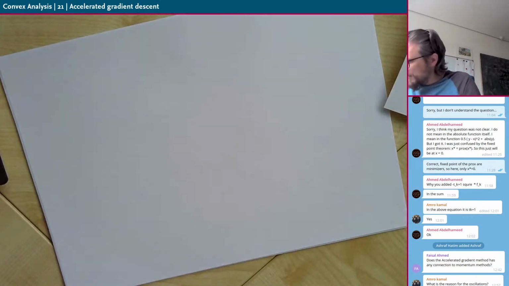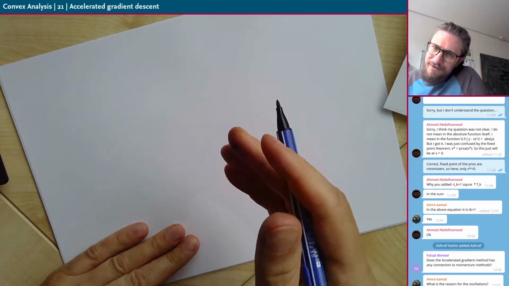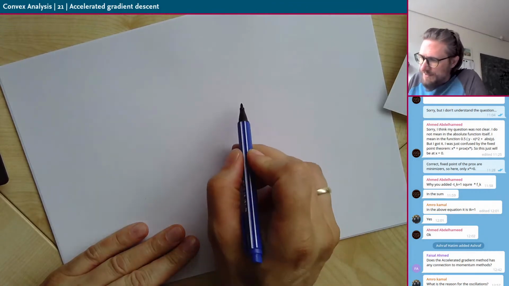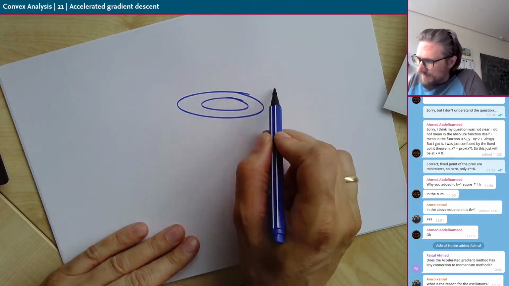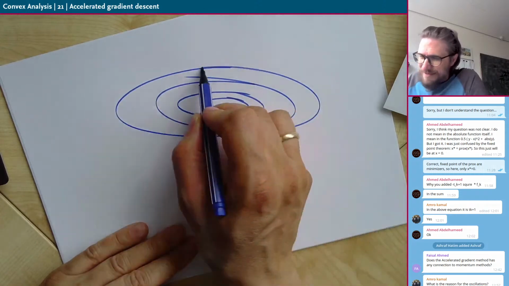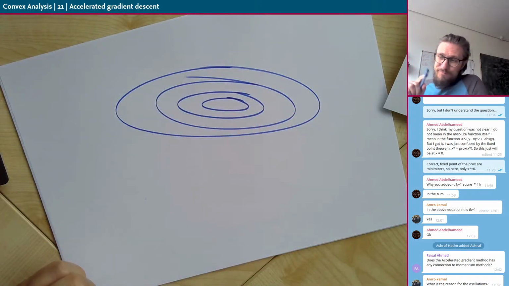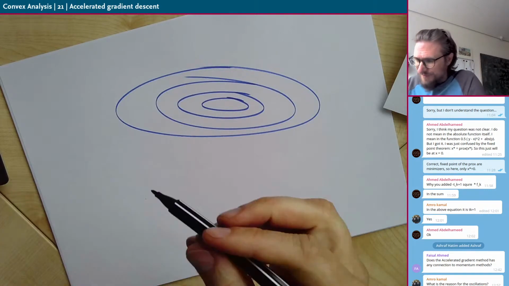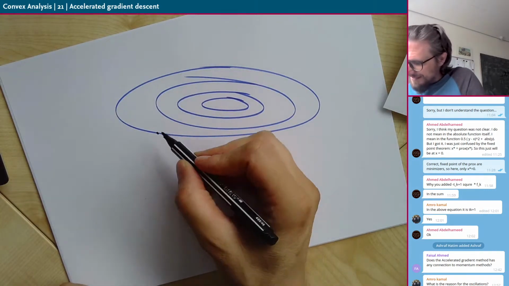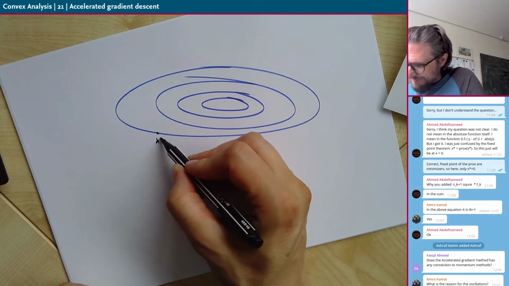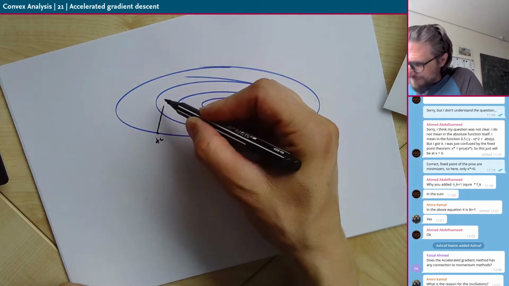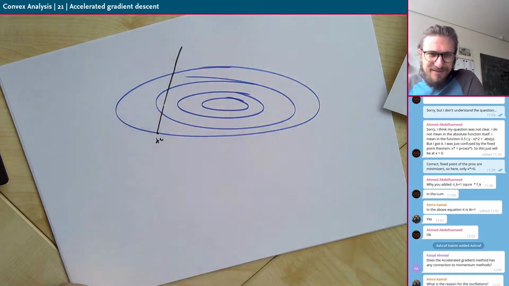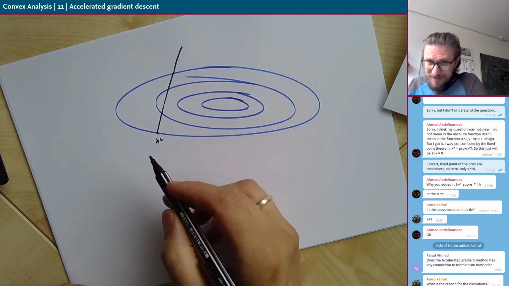What I can show you is, and unfortunately I can only show you 2 dimensions, because in 2 dimensions, there's always a step size which brings you to the optimum in 2 steps, no matter where you start. So if I start here, this is my x0, then this is the gradient direction, and so I should find my next iterate somewhere on the line.